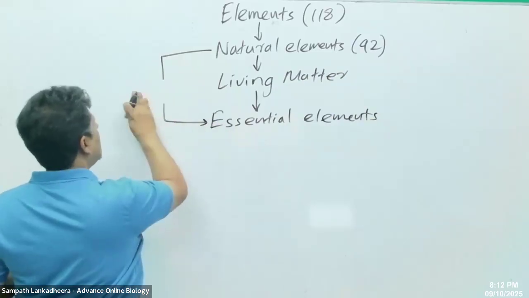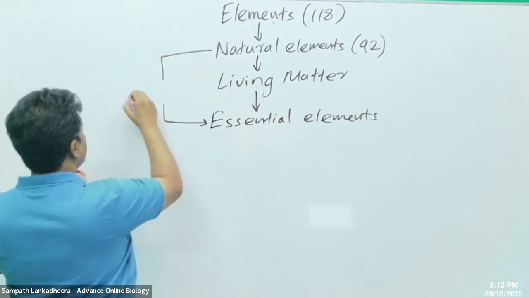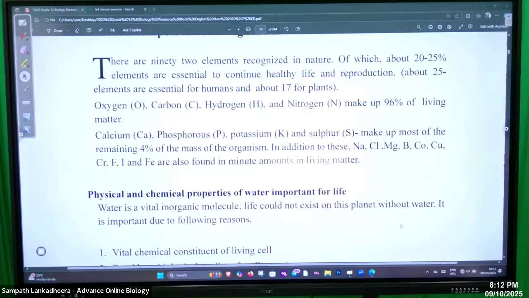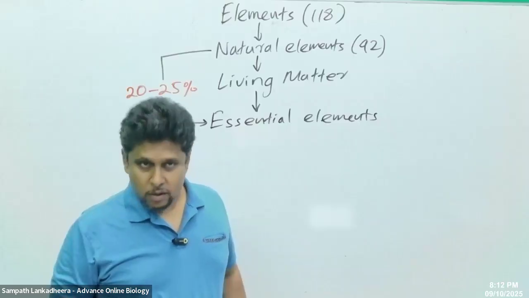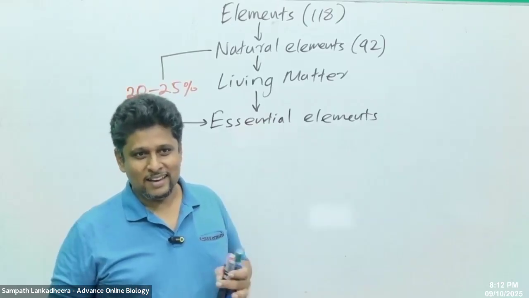What proportion is essential? 20 to 25% of the natural elements are essential.